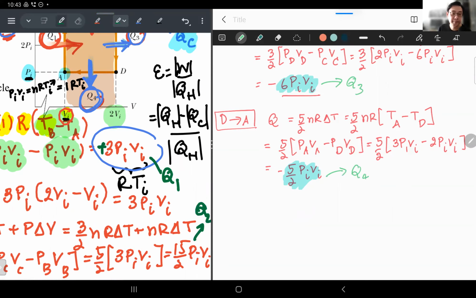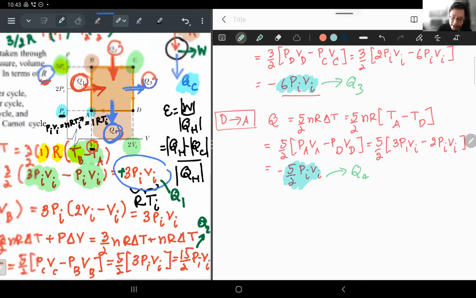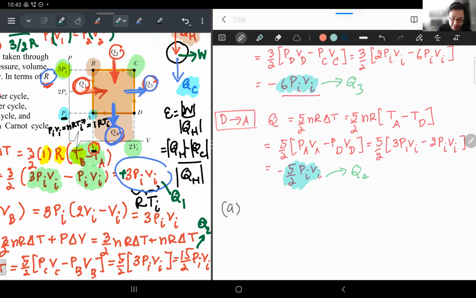All right, so with this naming, your final answer will look like this. Part A, the total heat flowing in, the heat entering, is going to be Q1 plus Q2. You guys with me? Let me put the magnitude there just so we don't have to worry about the sign. And in part B, the heat that leaves the system is going to be equal to Q3 plus Q4.